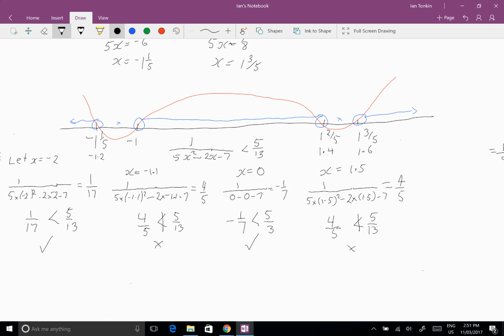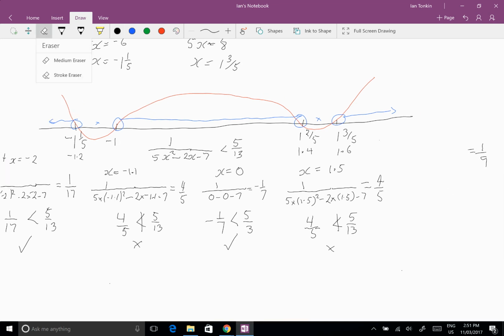Finally, we'll try this last point, and we'll choose x equals 2. So we get 1 on 5 times 2 squared minus 2 times 2 minus 7.